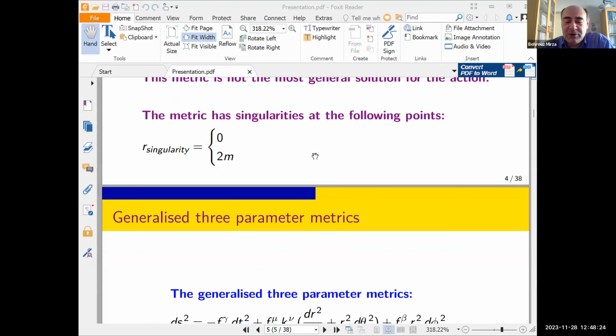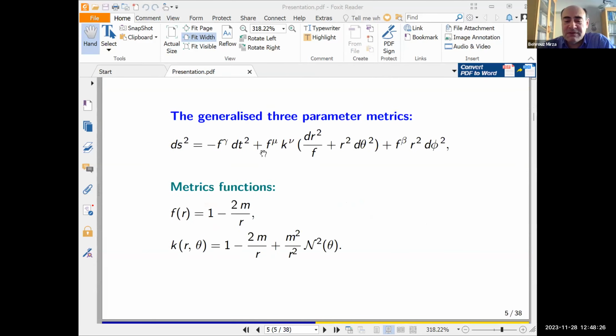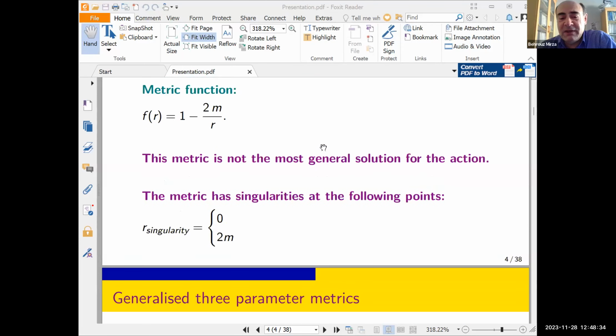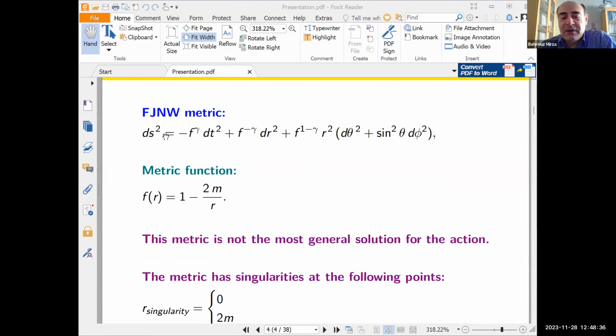However, the Janis-Newman algorithm doesn't work for this metric, and we cannot use it to find a rotating form of this metric. It should be noted that some papers use the Janis-Newman method and wrote a wrong solution for the rotating form of this metric.